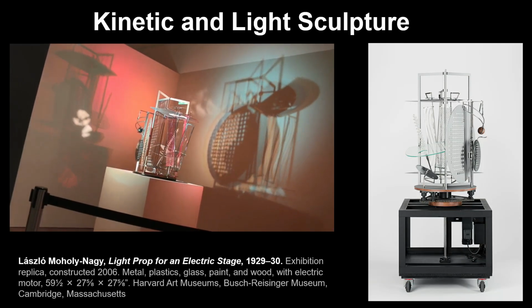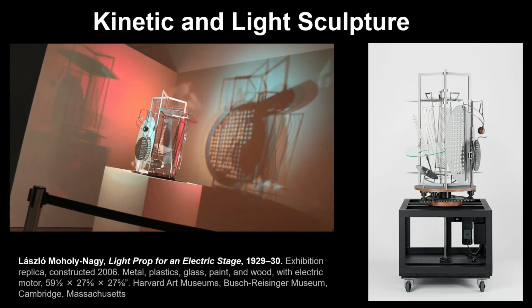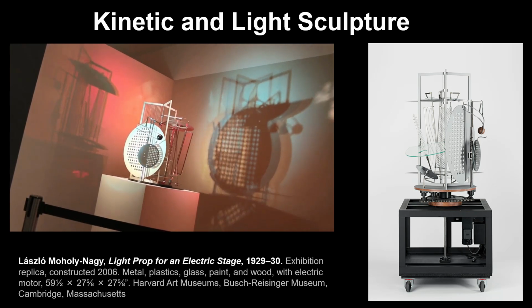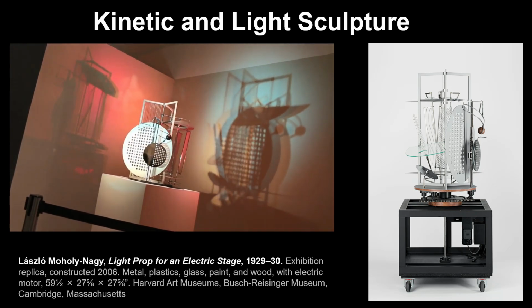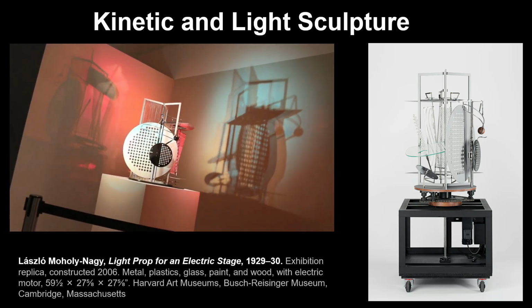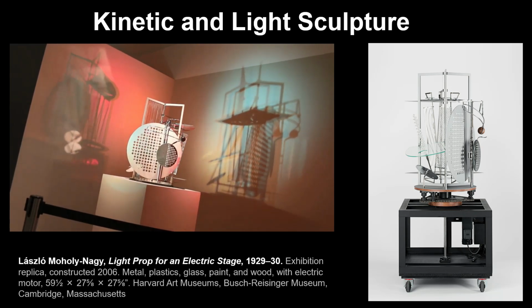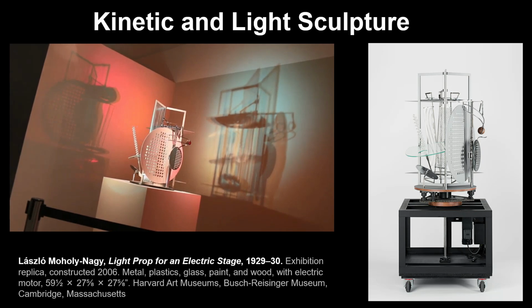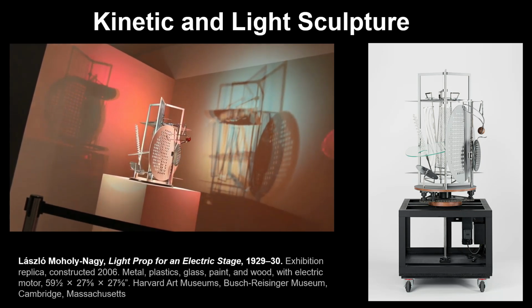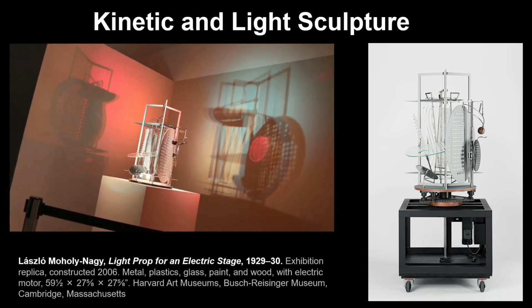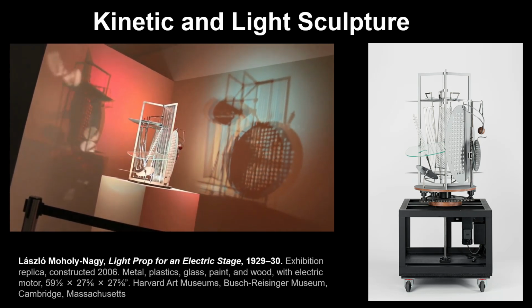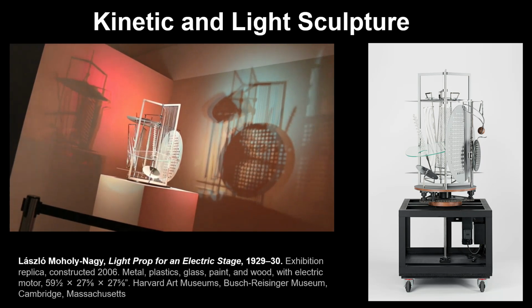Light sculpture. Artists, since the earliest days of electricity, started to experiment with electric light. And one of those pioneers is a guy named Laszlo Moholy-Nagy. Moholy-Nagy is an artist who created these bizarre machines that use light and mirrors and metal parts to create patterns and reflections.